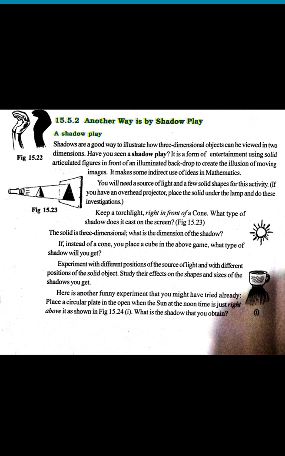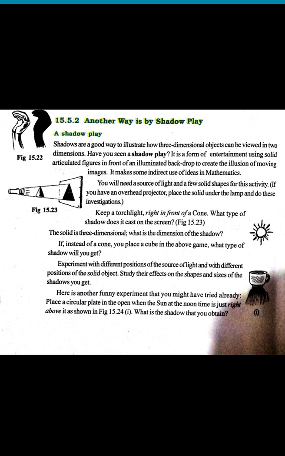Then plane figures are of 2 dimensions and solid shapes are 3 dimensions. Then the corners of a solid shape are called vertices. The line segments of its skeleton are its edges and its flat surfaces are its faces.